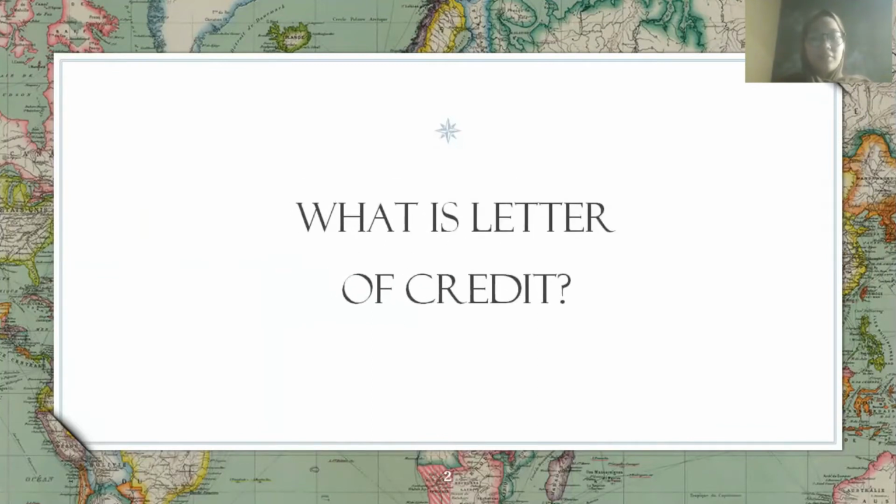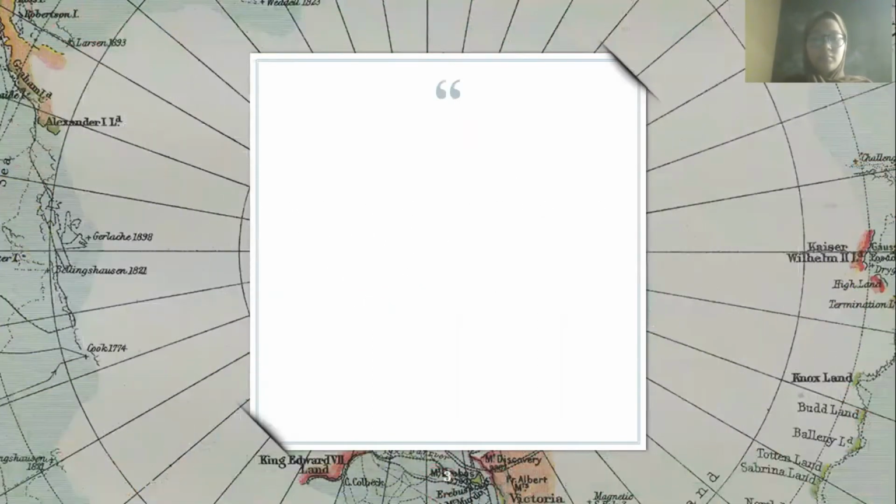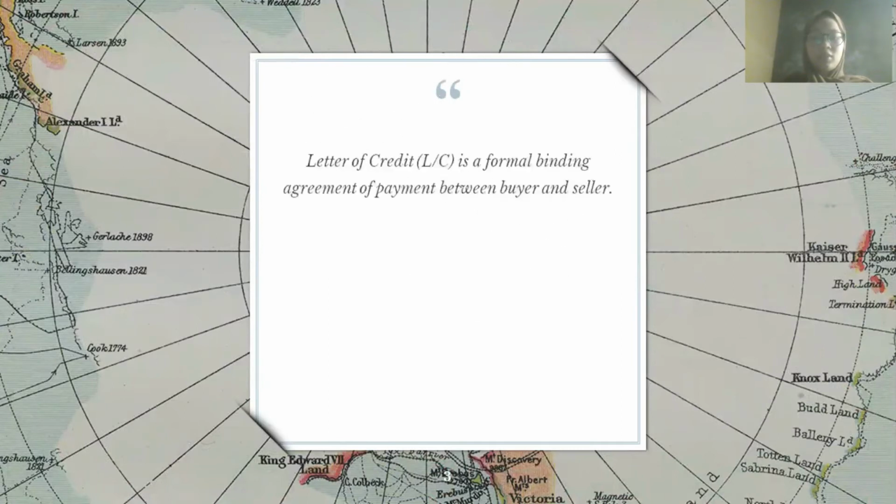What is a letter of credit? A letter of credit is a formal binding agreement of payment between buyer and seller. So letter of credit, or LC, is one of the most versatile and secure instruments available to international traders.